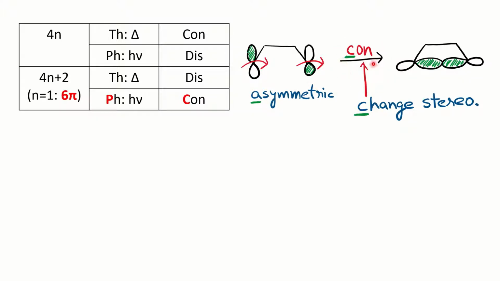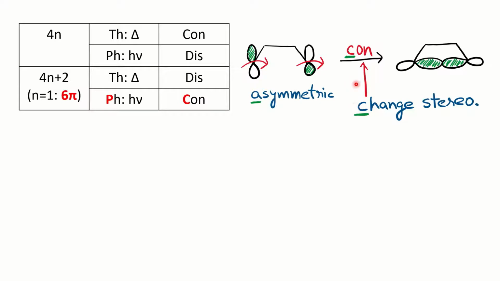As you can notice, conrotatory means, and this is again a small trick to keep in your mind, that if it is a conrotatory ring closure, then a change in stereochemistry will happen. If you are starting with a cis reactant, you will get the trans product. If you are starting with a trans reactant, you will get the cis product.